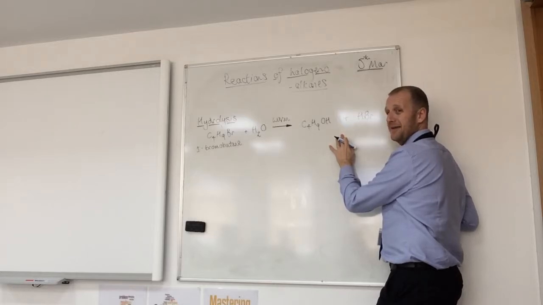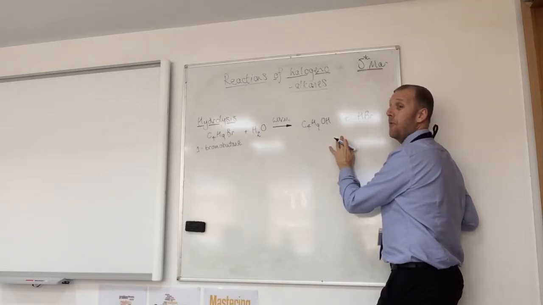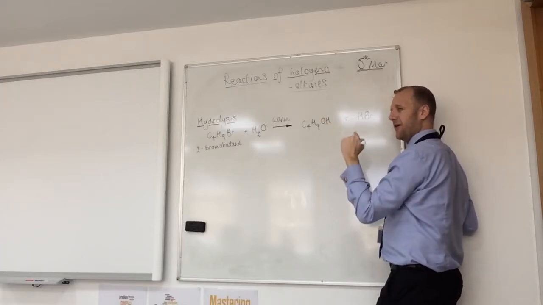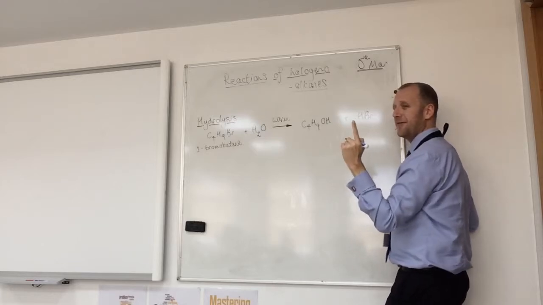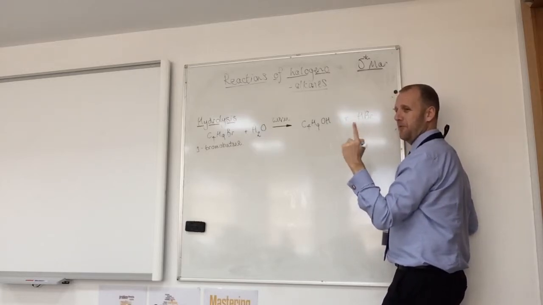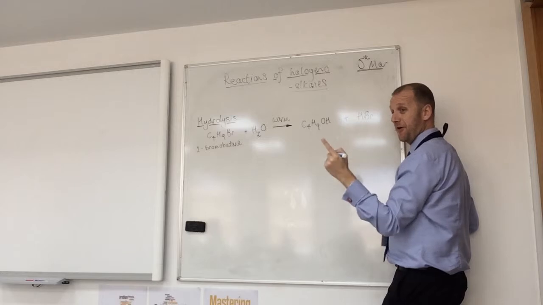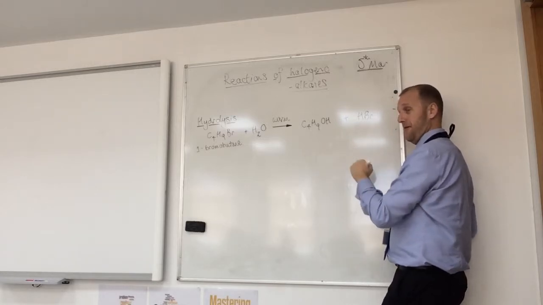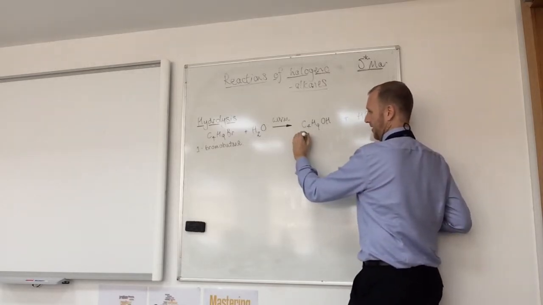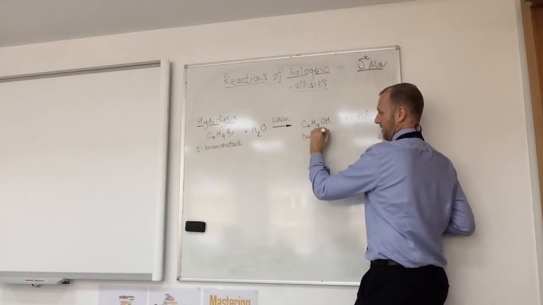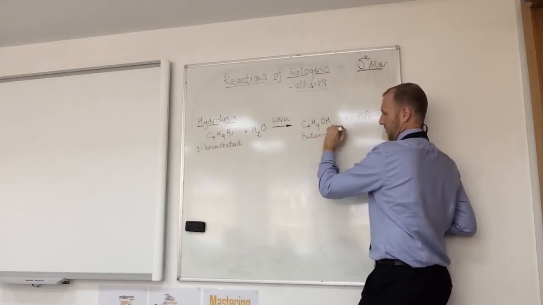Go on, Ziad. It is butanol, but we need a number. Butan-1-ol. I think you're all going quiet because you're a bit confused where the number goes. Whether it should be but-1-ol, which is not quite right. It needs to be butan-1-ol. So butan-1-ol. Okay.